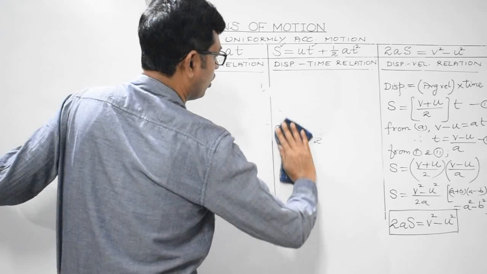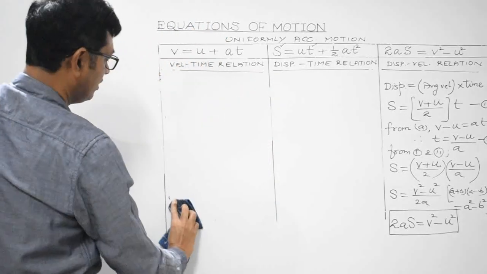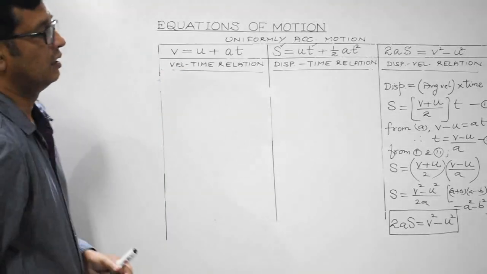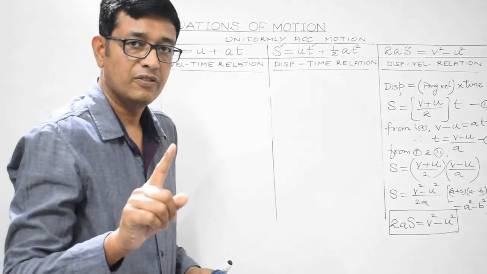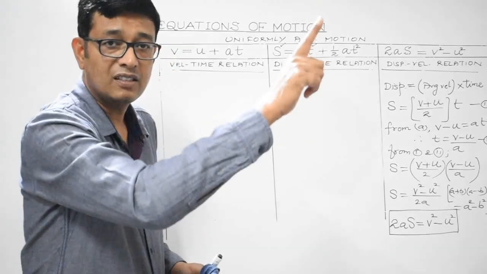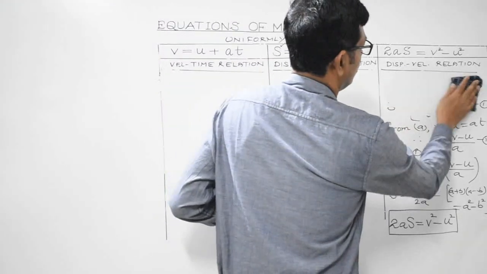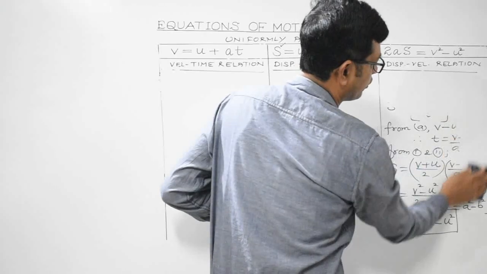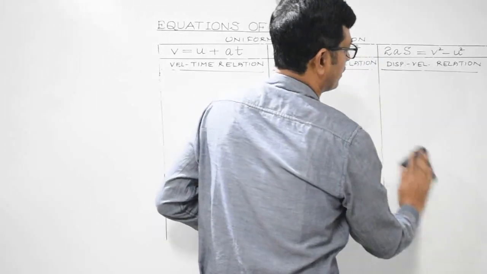Now students, just recall the topics which we have already discussed. In case a body is in uniformly accelerated motion, then the VT graph of the body is a straight line inclined towards the time axis, right? So we will try to derive the equations of motion using the graphical method. So let's do it.